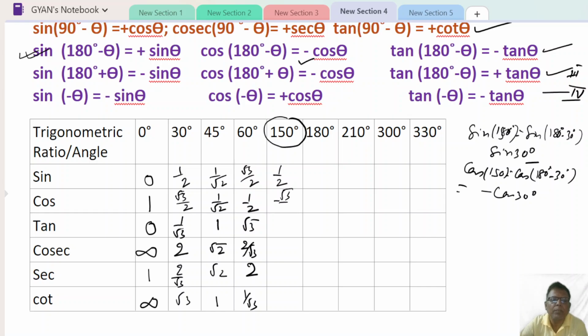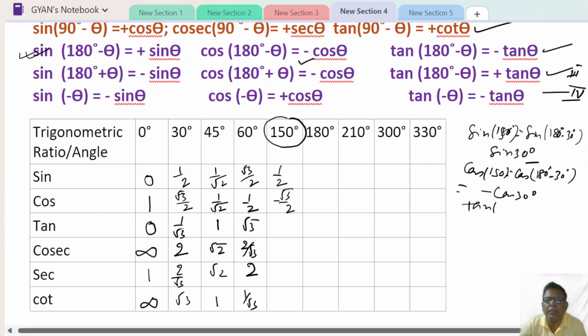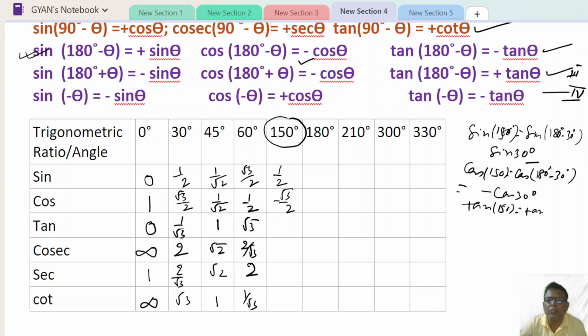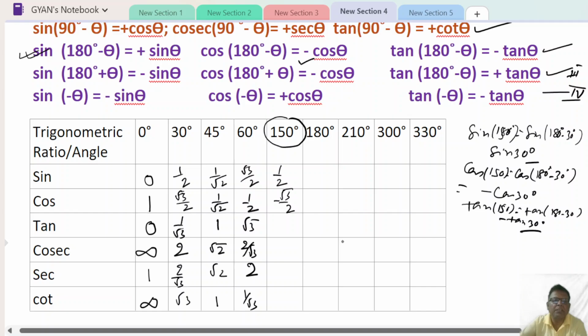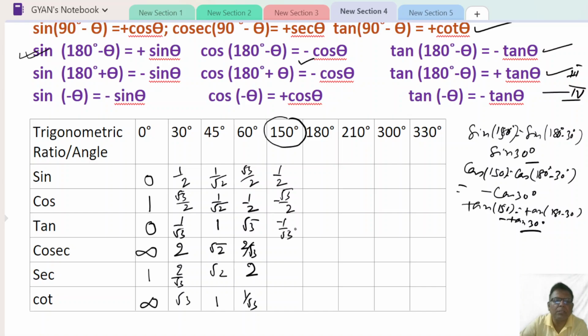Then similarly tan 150 degree is equal to tan of 180 degree minus 30 degree, that is equal to minus tan 30 degree, which is minus 1 by root 3. Cosec is the reciprocal of sine, so it will be 2. Sec is the reciprocal of cos, minus 2 by root 3. Cot is the reciprocal of tan, so it will be minus root 3.